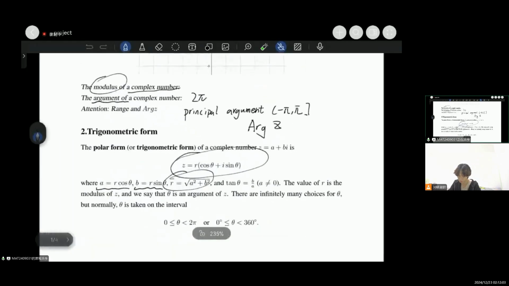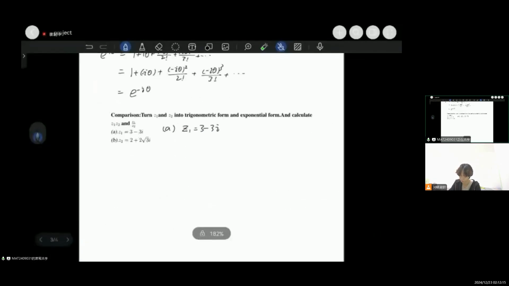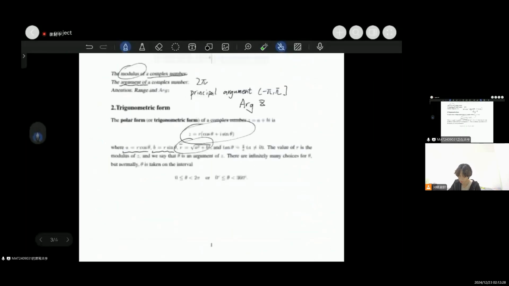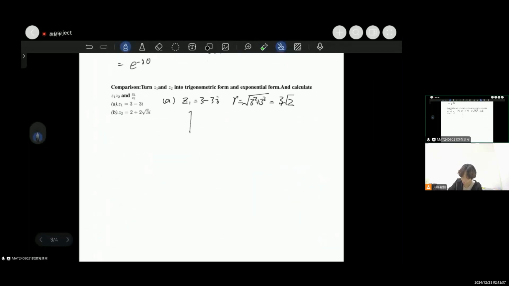According to the trigonometric form here, we need to get r, which is the modulus of the complex number. So r equals to this, and we need to get r cosine theta and r sine theta, and this time we could use the graph.